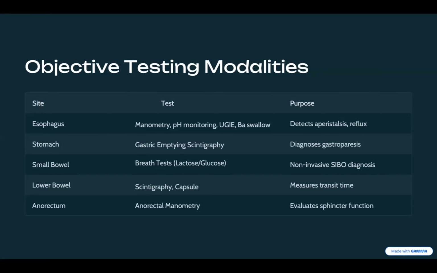For the stomach, the main problems are gastroparesis and the vascular changes. For gastroparesis, you need gastric emptying scintigraphy, which uses tagged food and looks at the movement over a time period, for motility. And for vascular changes, you just have to do an endoscopy examination.